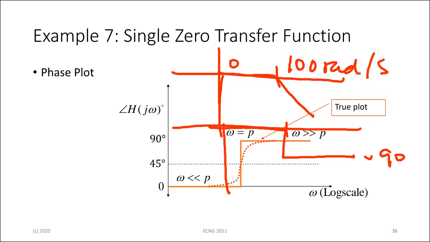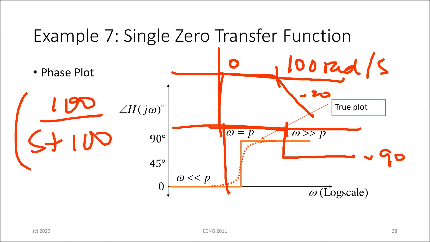You could watch that and say, okay, this is a simple single pole, because this is minus 20, and that's a simple pole transfer function, and that therefore is 100 over s plus 100.